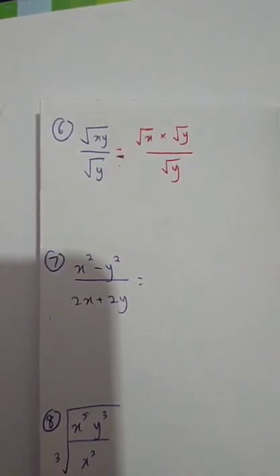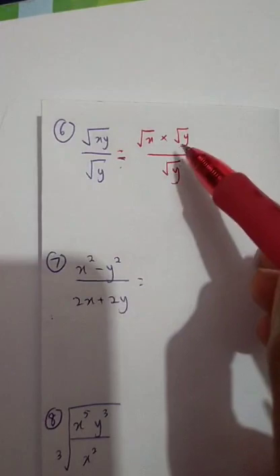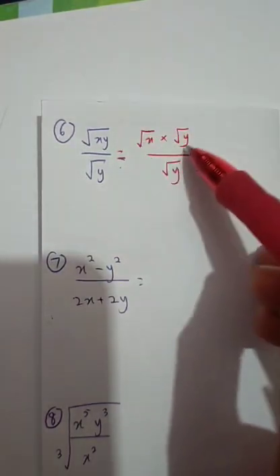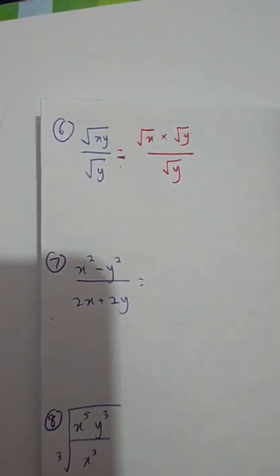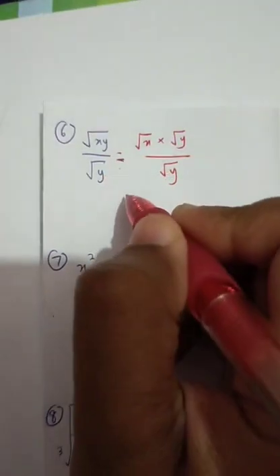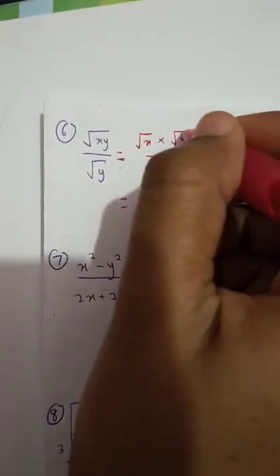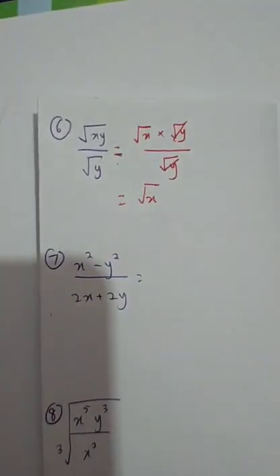Please be careful, don't be too excited to cancel things. Please make sure it is multiplication and you can apply the cancellation rules there. Like this one here is multiplication, so you can cancel it with the division. So this can be cancelled, so the answer is square root of x.